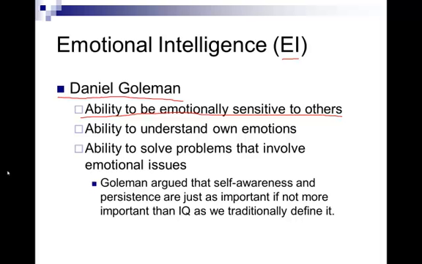It never fails to amaze me just how well women can connect that way on an emotional level with other people and be sensitive to others, compared to most men. That's not something that comes easily to us. The ability to understand your own emotions.